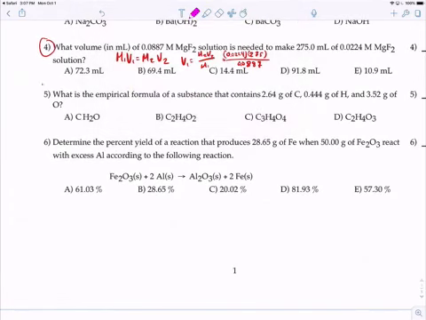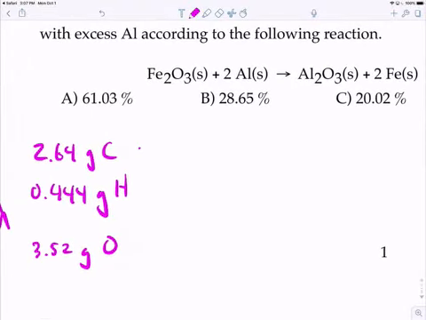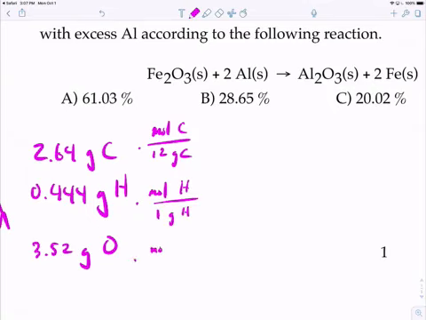Okay, empirical formula. So we have 2.64 grams of carbon, 0.444 grams hydrogen, 3.52 grams oxygen. So first one times mole carbon to 12 grams carbon, times mole hydrogen to 1 gram hydrogen, times moles oxygen to 16 grams oxygen.